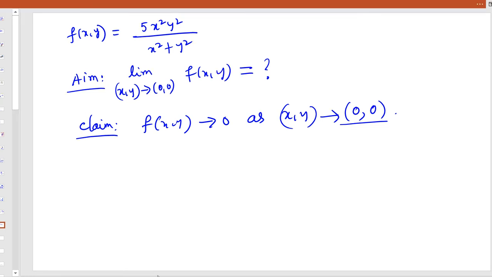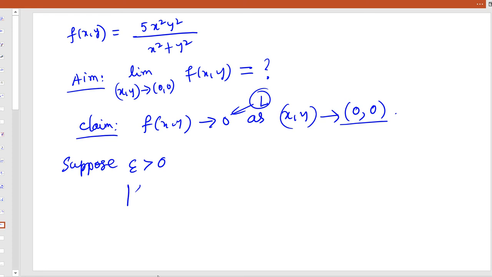So here what we do, suppose we take epsilon greater than 0, then we will try to look at, in fact, L. Okay, 0 is our limit. This is our claim.